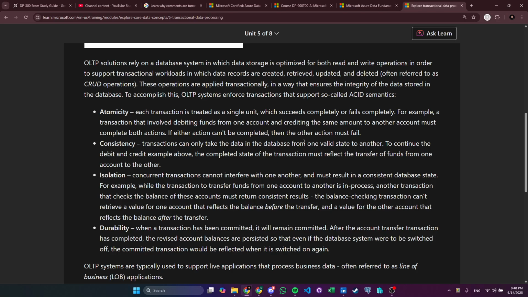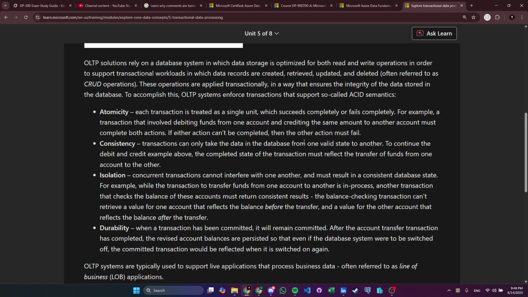The account doesn't exceed a certain number. That's another valid state. So when the transaction is finished, we make sure that the funds were actually transferred, even though it might only be simple numbers, but it just reflects properly. And we make sure that valid states were maintained.